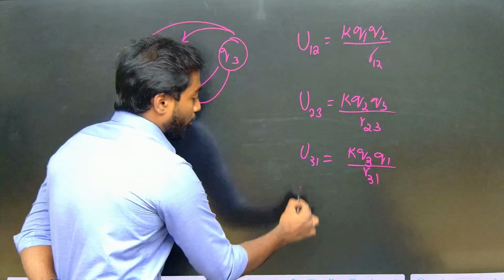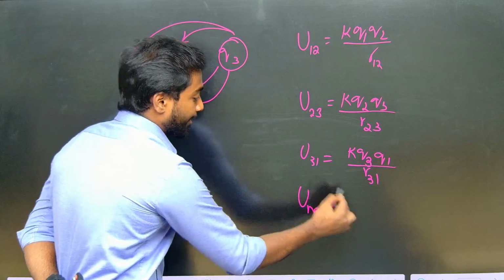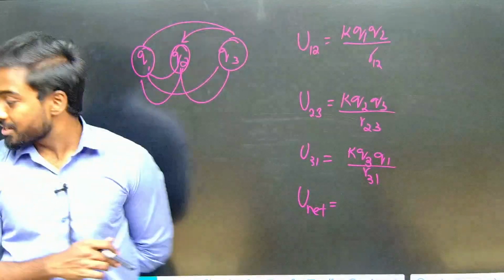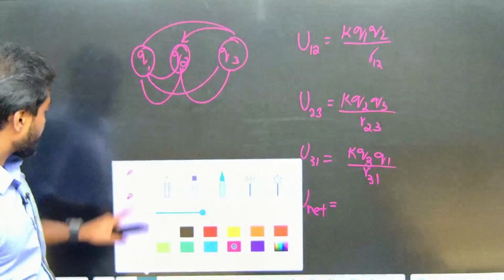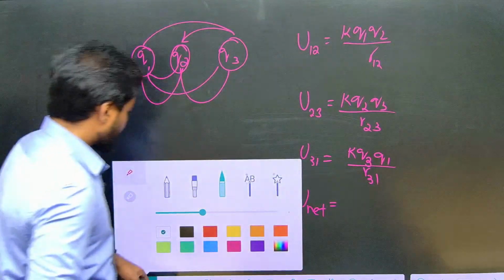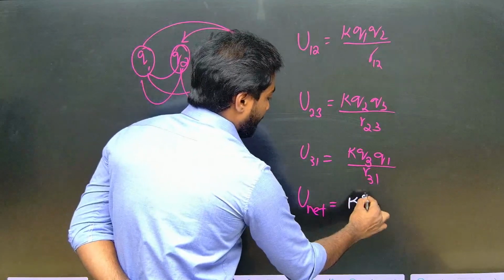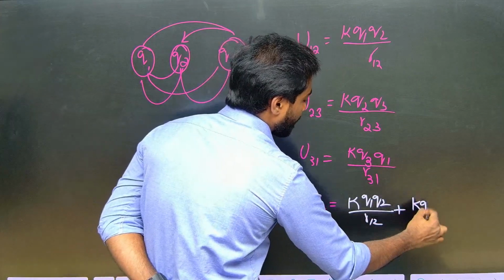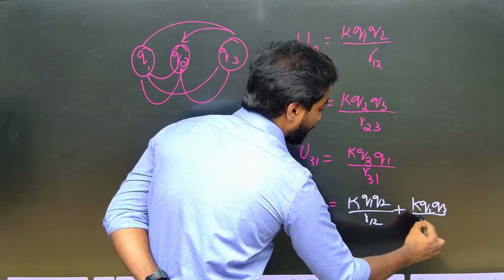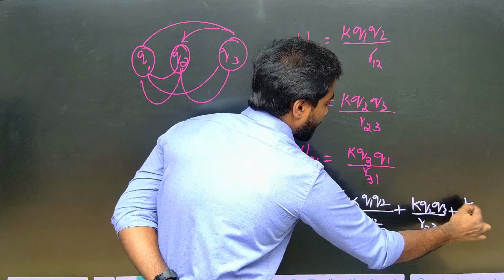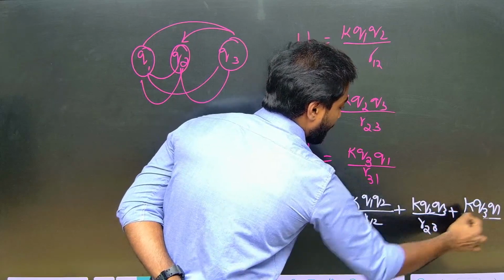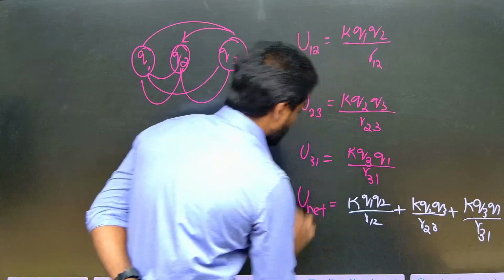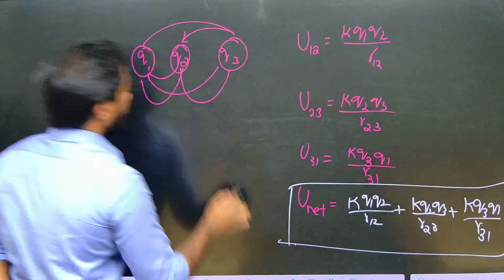So when I talk about U net, the net potential energy, it is k q1 q2 by r12 plus k q2 q3 by r23 plus k q3 q1 by r31. This is my net potential energy of these charges.